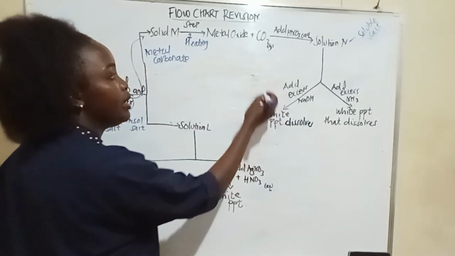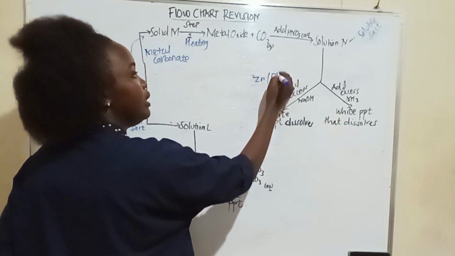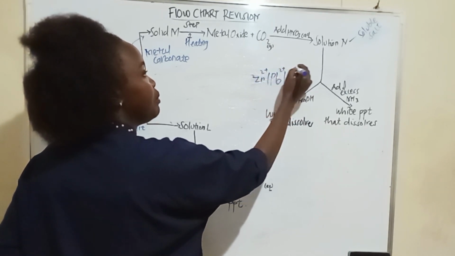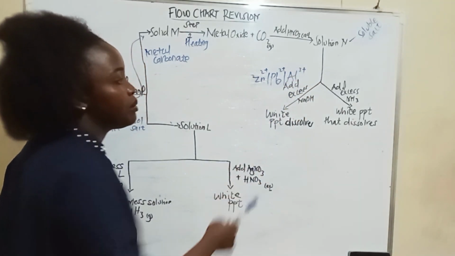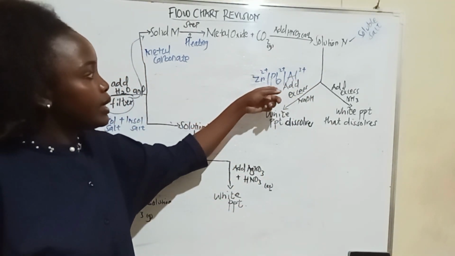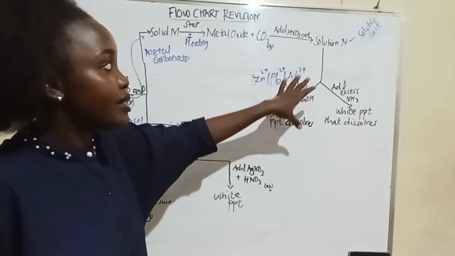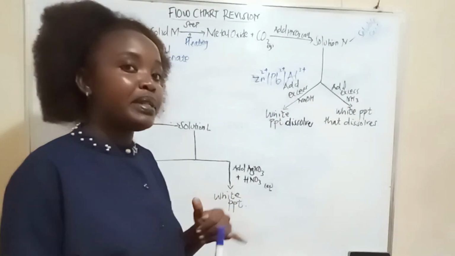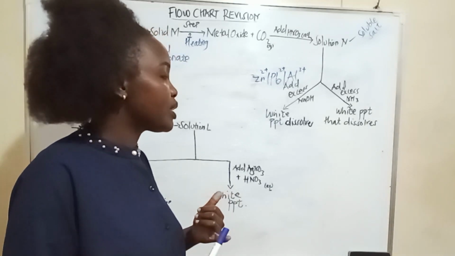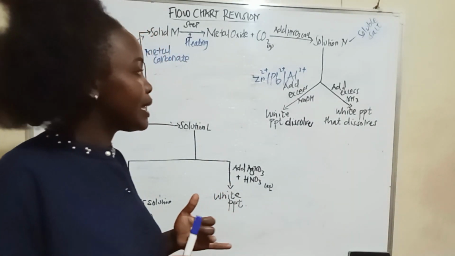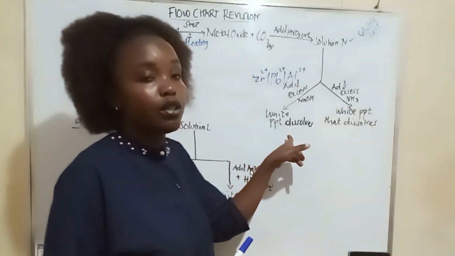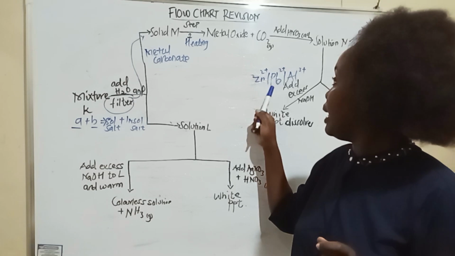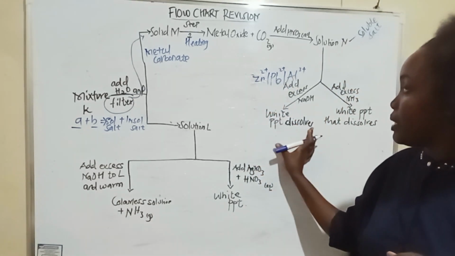So here we are saying it can either be zinc, lead, or aluminium. We have zinc, lead or aluminium ions present in our solution because they're the only ones which form a precipitate in few drops of sodium hydroxide and dissolve in excess sodium hydroxide solution. That is why we are saying we have zinc, aluminium and lead ions present here.